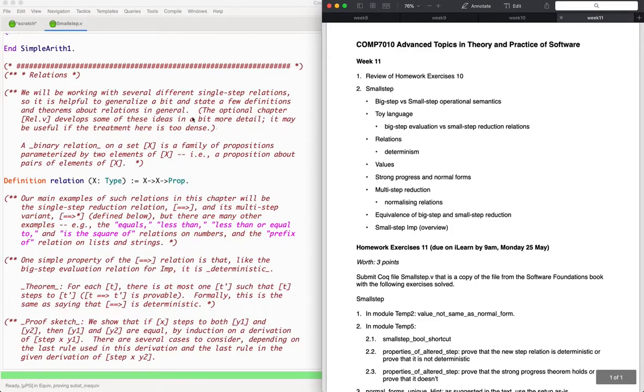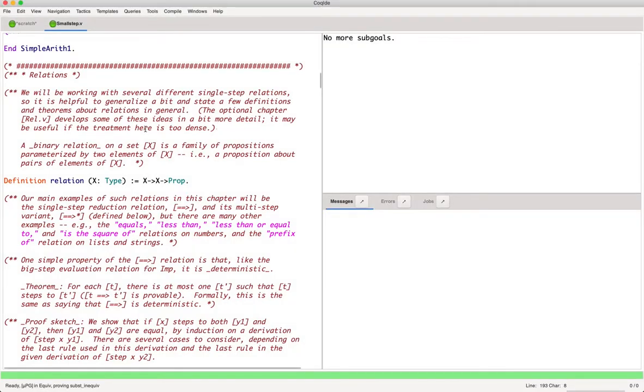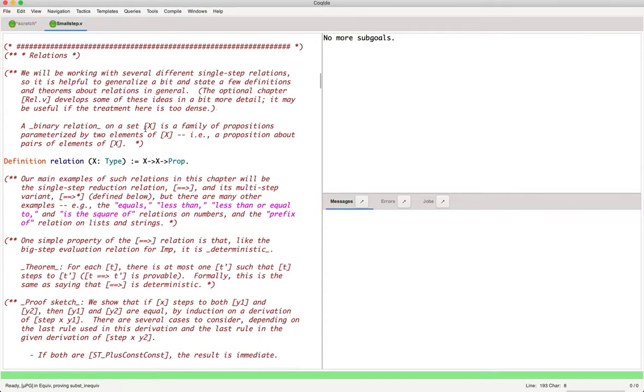As we've seen in some of the previous chapters, we can think of a relation between two values as a Prop-valued function. In this case, it's relating elements of the X type, but it could be an X and a Y and so on.